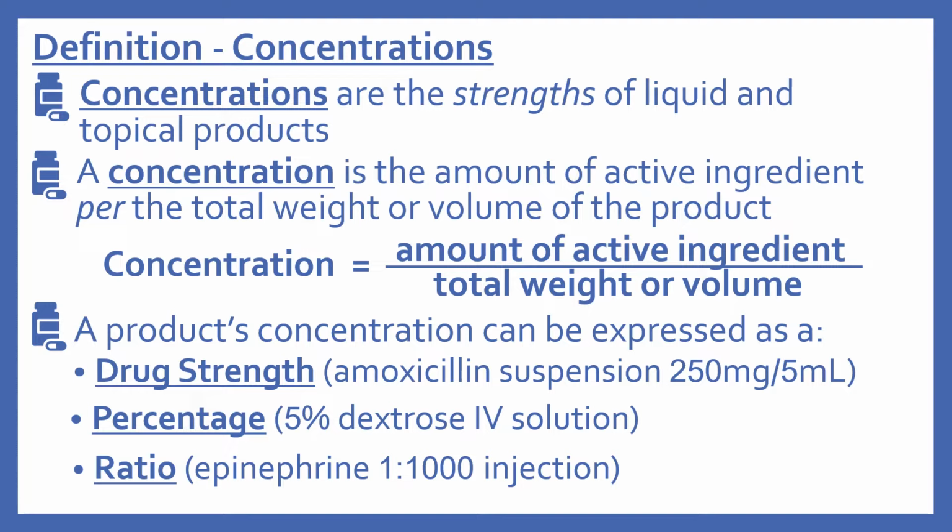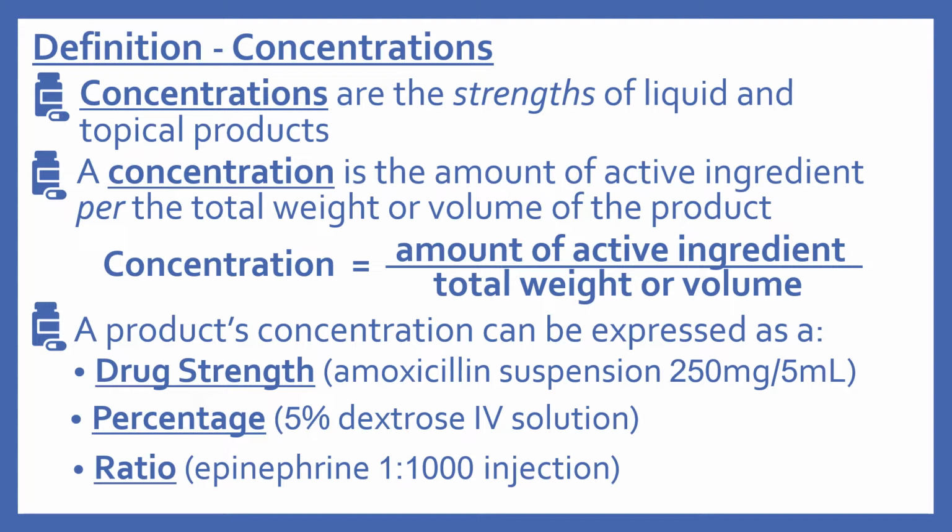There are a few different ways that a product's concentration can be expressed. It can be expressed as a drug strength, something like amoxicillin suspension, 250 milligrams per 5 milliliters. That's the concentration. As a percentage, something like 5% dextrose IV solution, where 5% is the concentration of that solution.